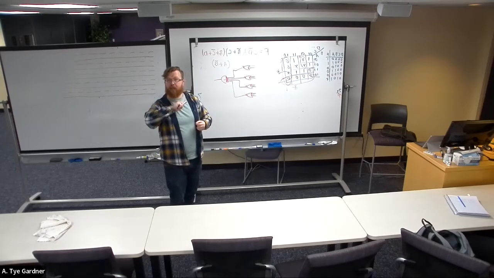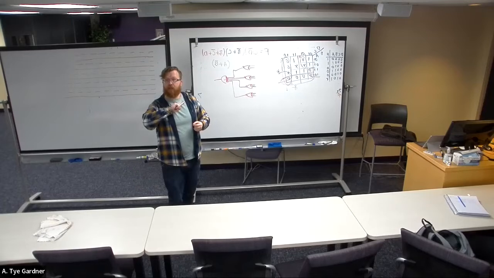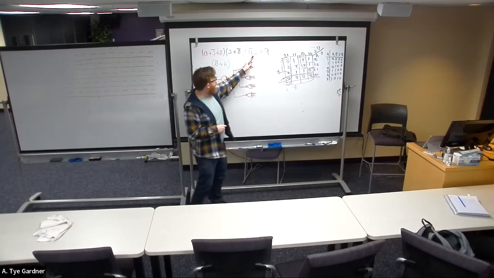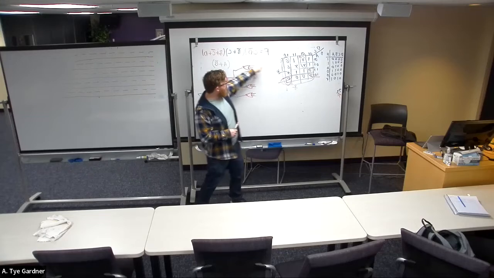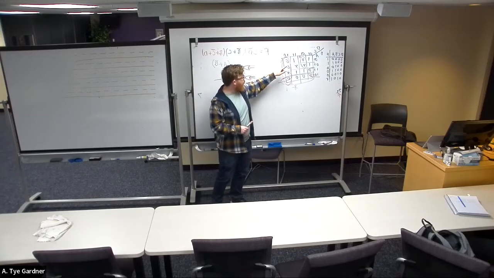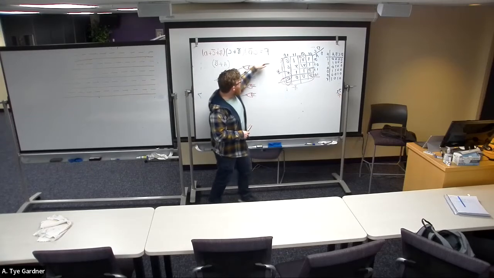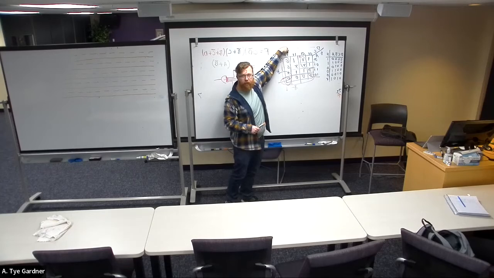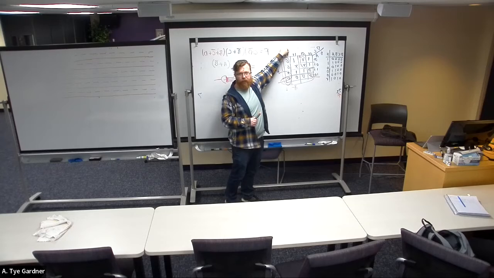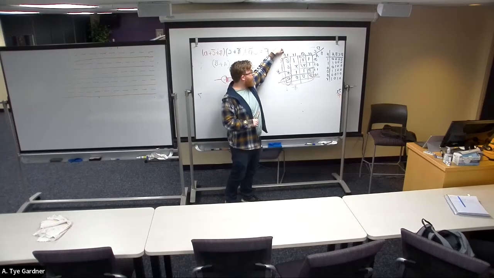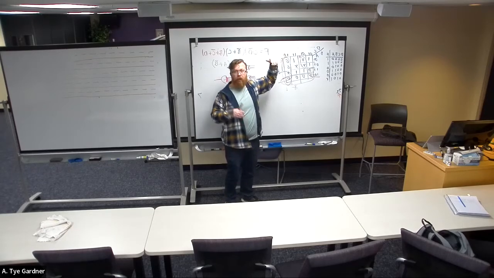Do you have a question in the back? Talking about the C and not D. The C or not D? Yeah. So the C or not D is this one. Why you did the not. The D, because the D is this one, and ones are, in product of sums, not what we're looking for. So we put nots on the ones, we don't put nots on the zeros in product of sums.